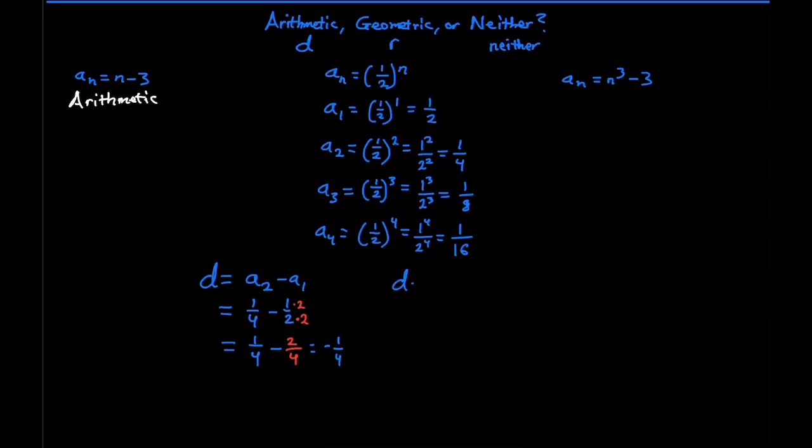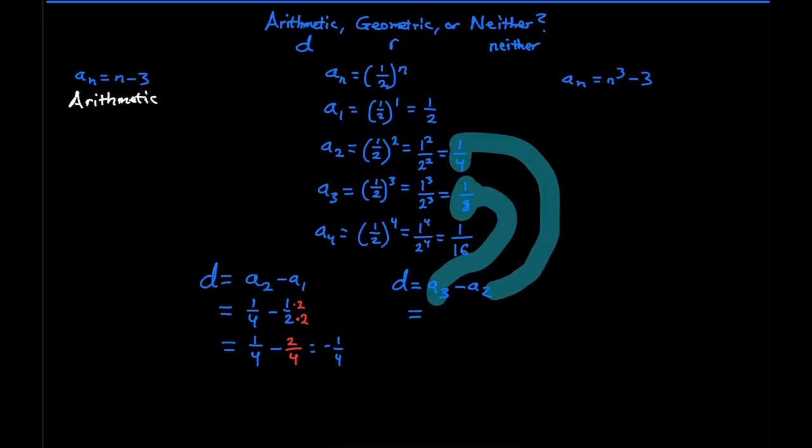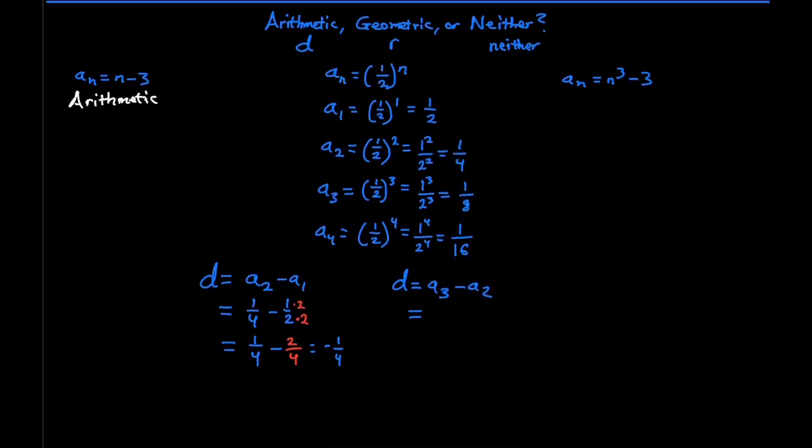Then you check another pair. We'll check A3 minus A2 now. Here's A3, it's the 1/8. A2 is the 1/4. So you have 1/8 minus 1/4, but we need a common denominator again. So you multiply the 4 by 2 and the 1 by 2 as well. What you do on the bottom, you have to do to the top of the fraction when you get common denominators.